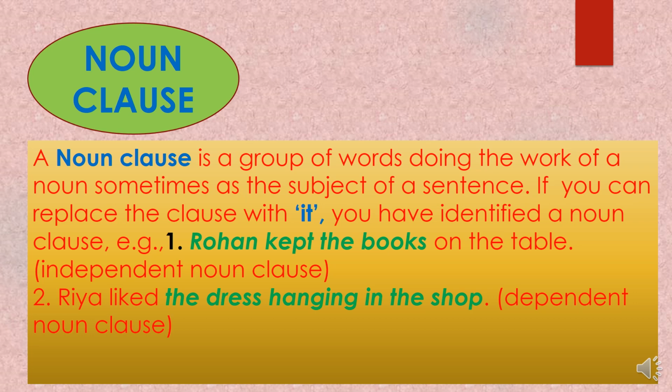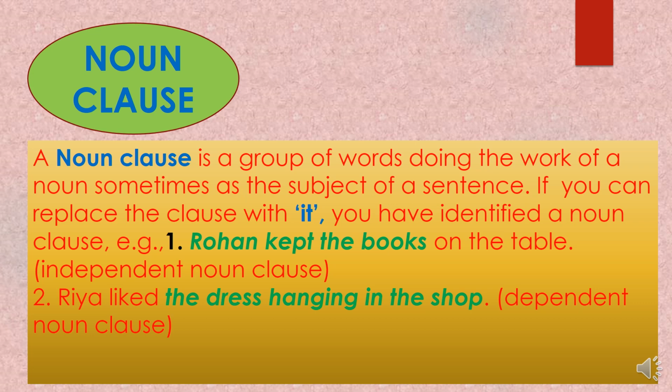First of all, it is a dependent clause. Why? Because the dress hanging in the shop is not making any sense on its own. It needs some other part of the sentence, Riya liked, one subject and verb, to make some meaning. So it is the dependent clause.